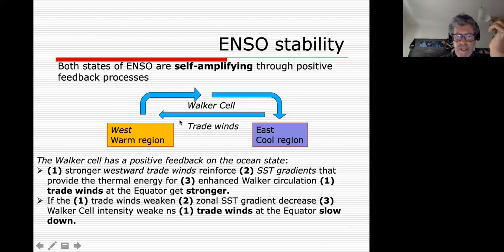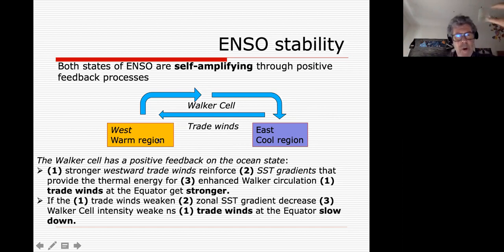Let's take a look at this very simplified cartoon. We have an eastern cool region in the Pacific area, along the Peru coast, and there is a warm region in the ocean.